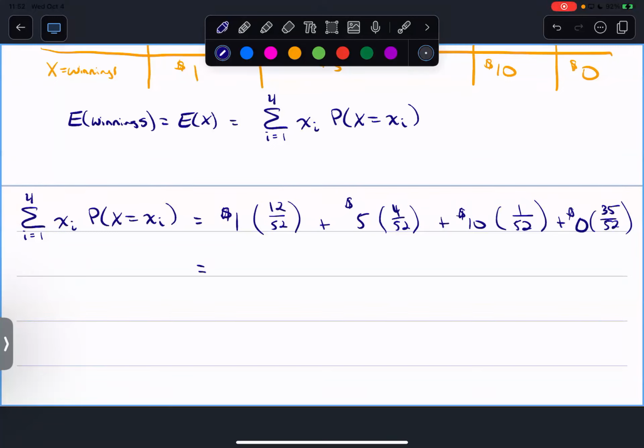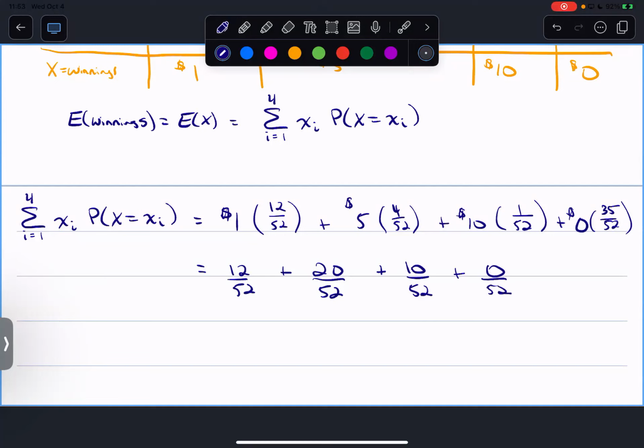Let's see, this becomes, and because it's so small, I'm going to copy it, 12 over 52 plus 20 over 52. I guess I could have done that myself. 10 over 52 plus 0 over 52 technically.